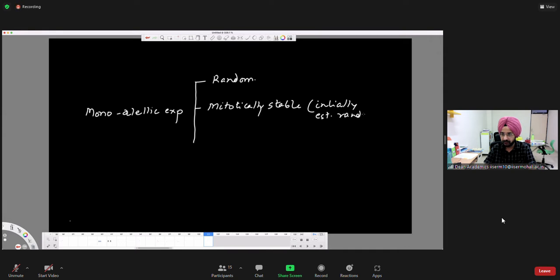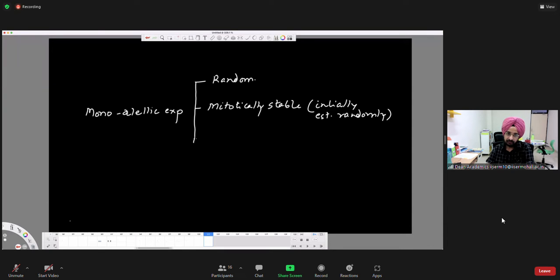There is no choice of maternal or paternal; either could be selected. But once selected, it is mitotically stable, which means that if you are deriving a clone of cells, in that particular clone you will have only one allele expressed and that allele is fixed, either maternal or paternal. It's a kind of random monoallelic, but not completely random. The choice of maternal and paternal is random, but the epigenetic inheritance is not random, it's stable.